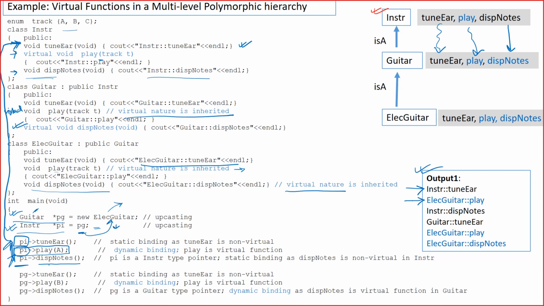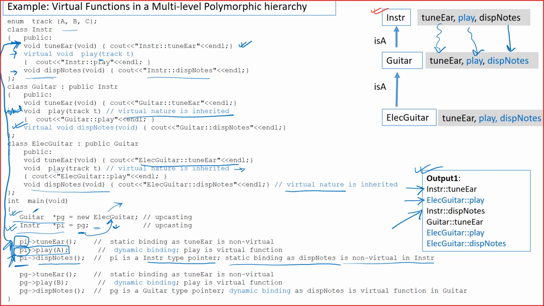Is it there for pi? No, ma'am, it is not there for pi. That's why it is printing this one. This is an instrument type pointer and it is static binding, as disp note is non-virtual in instrument. So this is the reason why it is printing instrument display note.